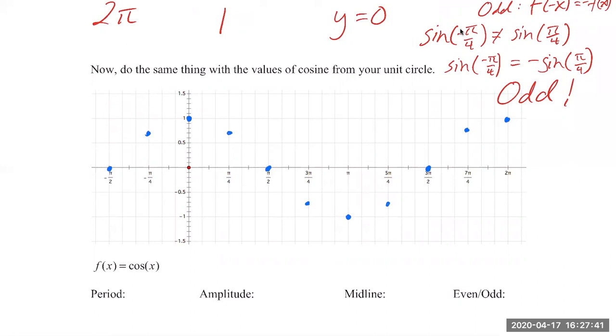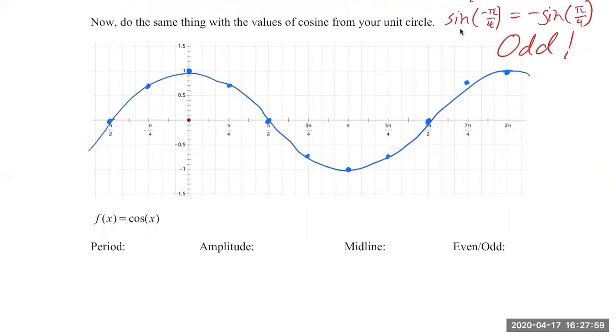Okay, now let's connect all of these smoothly. Smoothly enough, anyhow. And again, we should talk about the period, the amplitude, the midline, and even odd behavior.